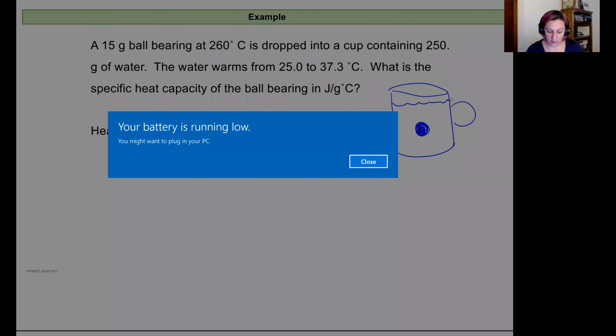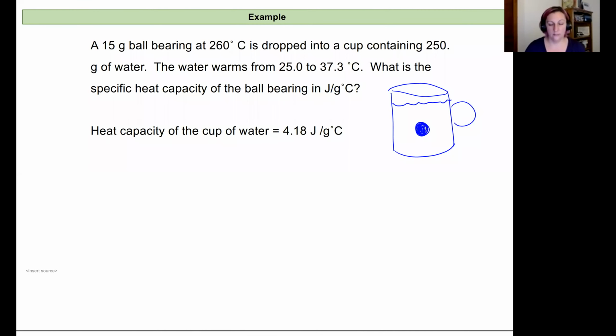So let's organize the information. For my ball bearing, I know that it has a mass equal to 15 grams. It has an initial temperature equal to 260 degrees Celsius. And it has a heat capacity that we don't know. Its final temperature is also interesting.